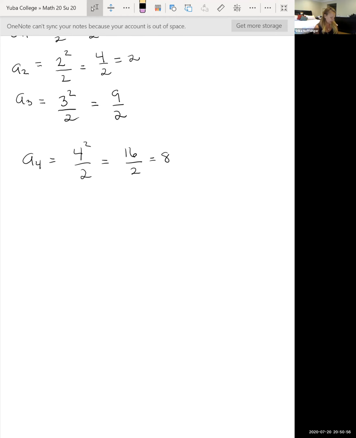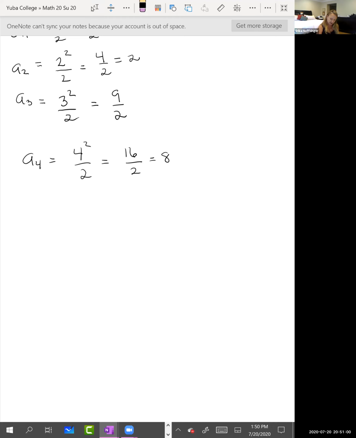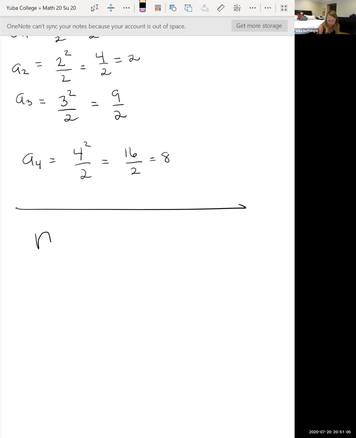another thing that you need to know, which is factorials. So factorial notation is the n and then an exclamation point.